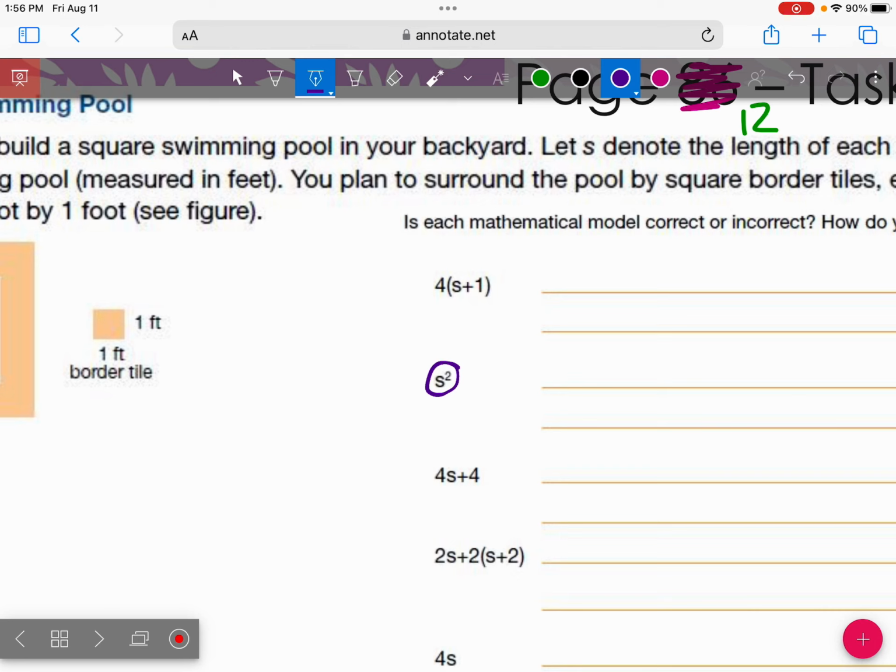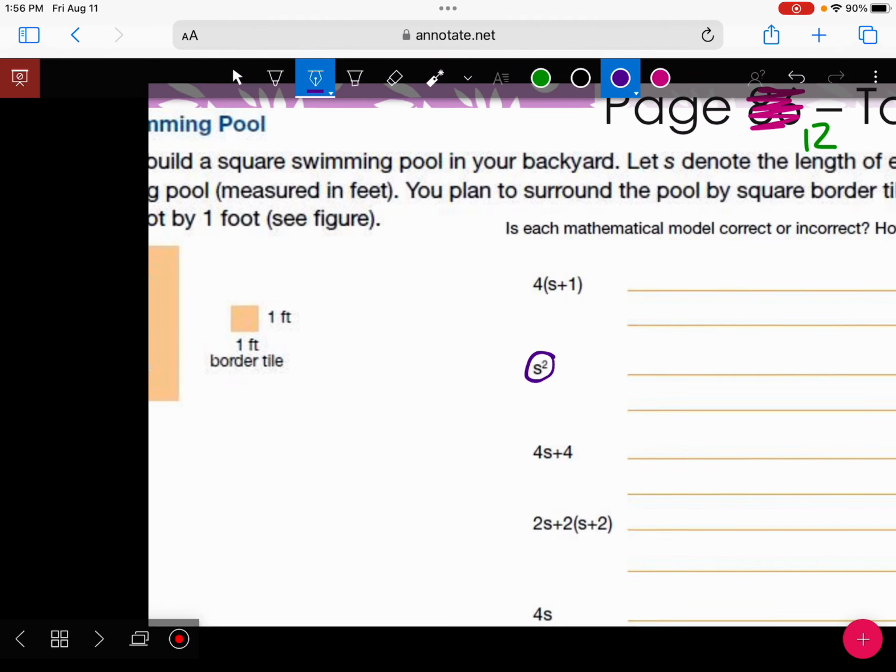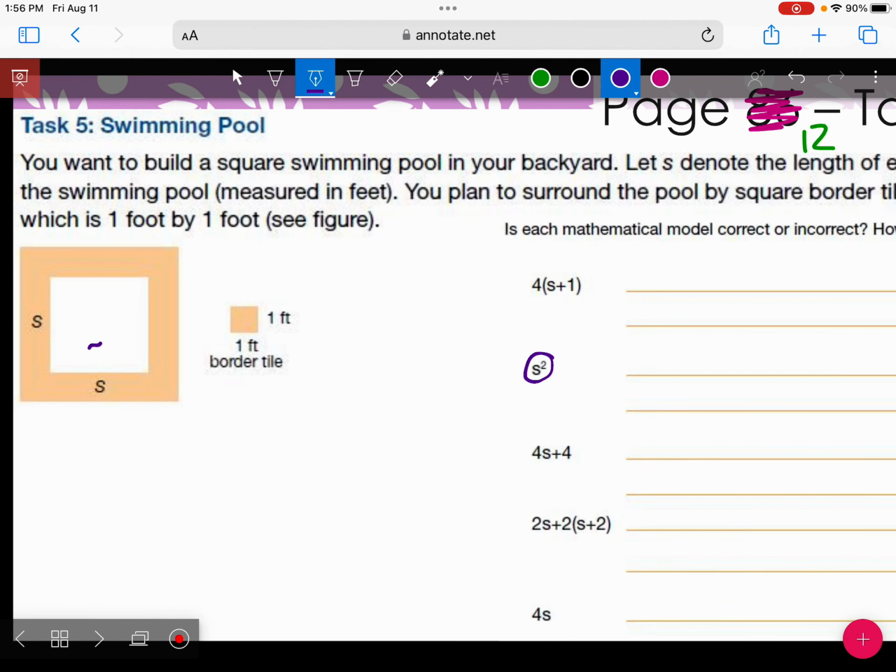What do you think? What would it be if I took the side of my pool times the side of my pool? It would be S squared. But would that tell me about the area around the outside or the sides of the pool?